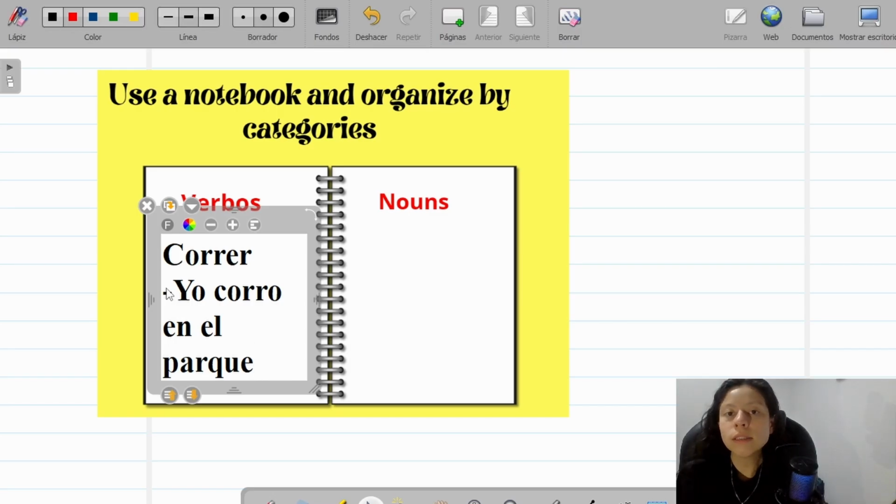Also, you can write the sentence in your mother tongue, that in this case is English or French. It's important to memorize the verbs and also the sentence and repeat every single day in order to learn properly. The same with nouns, the same with adjectives, the same with adverbs. So you need a notebook.